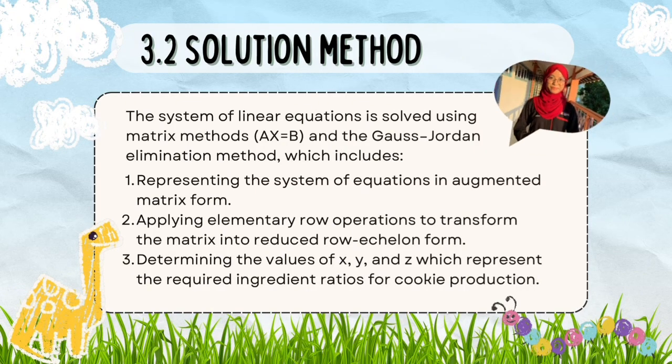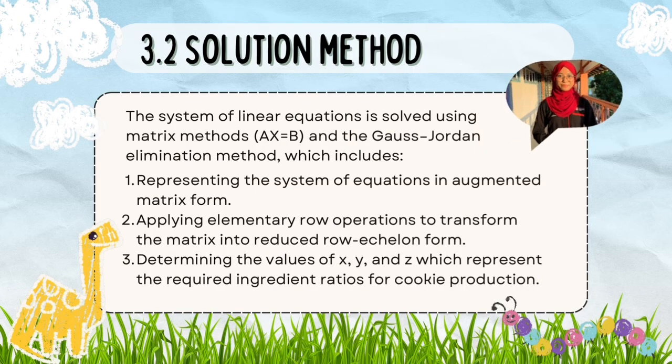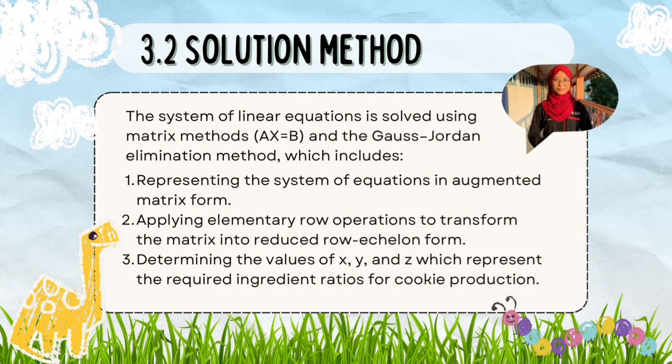Second is applying elementary row operations, which is ERO, to transform the matrix into reduced row echelon form, which is RREF. And third is determining the values of X, Y, and Z, which represent the required ingredient ratios for cookie production.